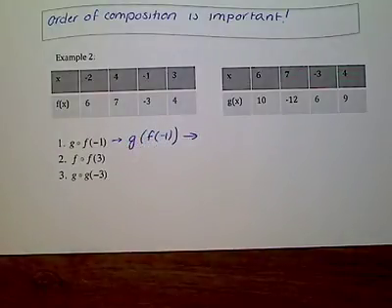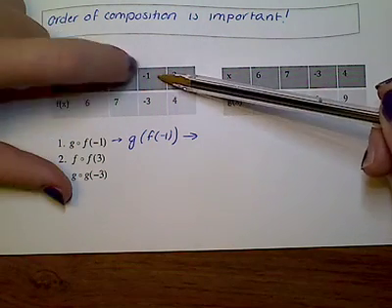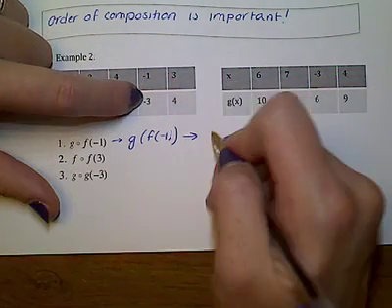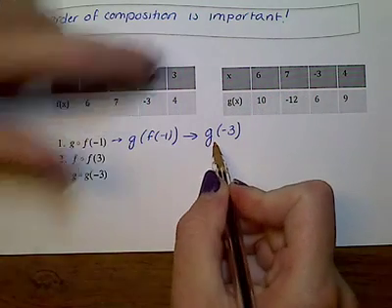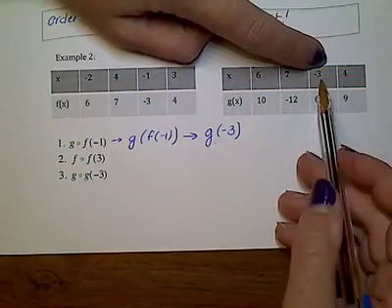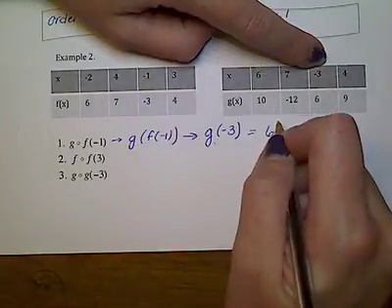We don't actually have math to do here. We can just look at our table. F of negative 1 would be an outcome of negative 3. So then I got to take g of negative 3. I got to go to the right table, which is over here. The outcome of an x value of negative 3 is 6. So my answer on number 1 is 6.